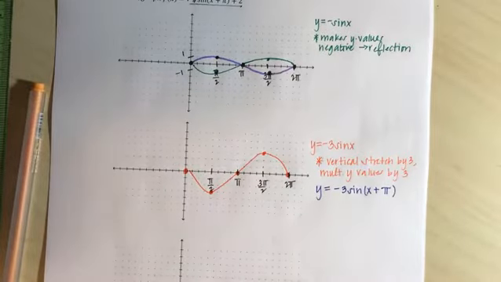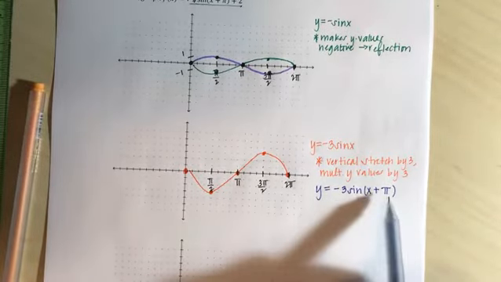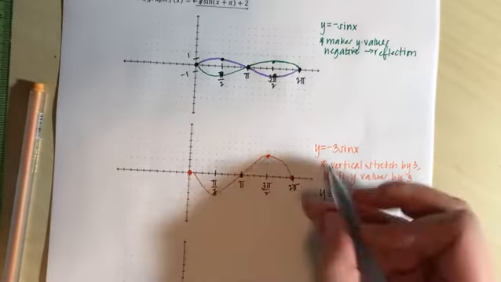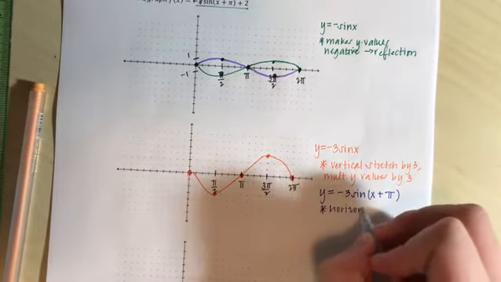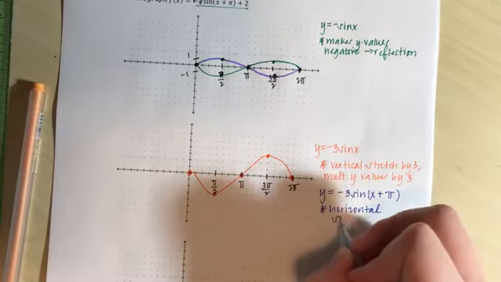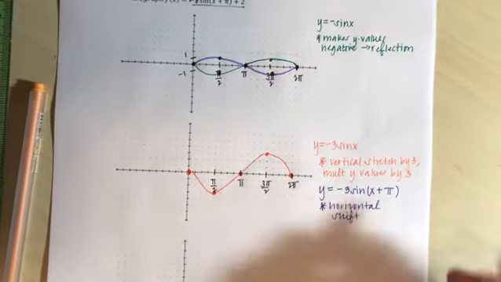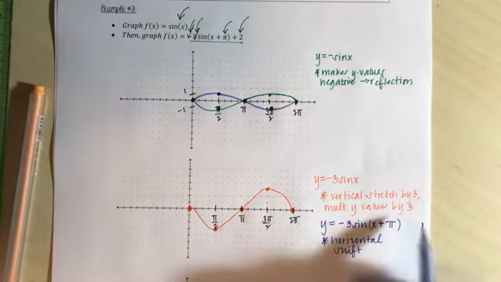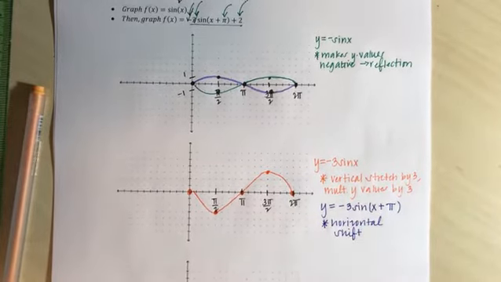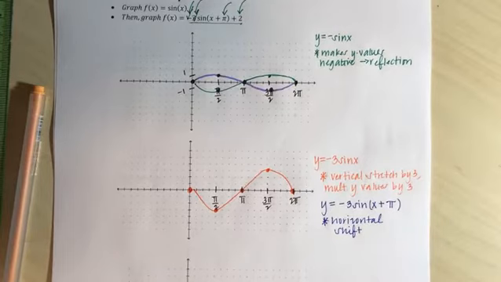So remember that anytime you've got addition or subtraction inside of the parentheses, that's going to be a horizontal or left to right shift. And these ones are the funky ones because they're always opposite the sign that you anticipate. So if this says plus pi, what I'm really going to do is move my graph to the left by pi units. So you just have to think through your scaling, how that will move your graph.